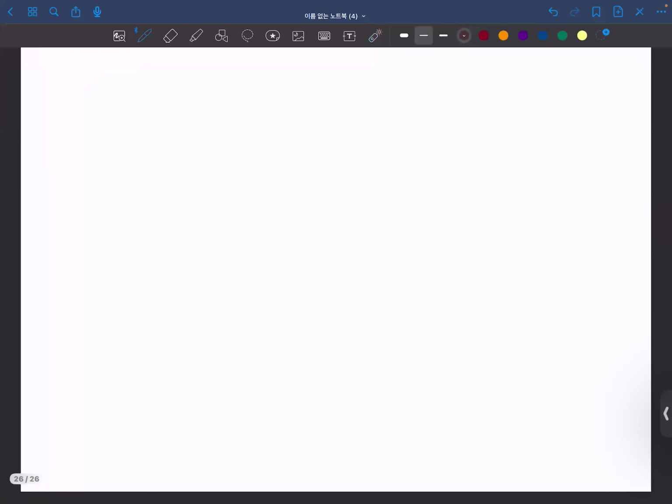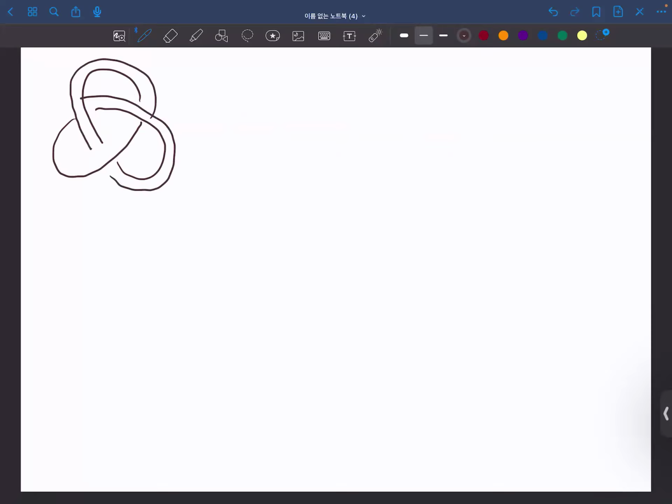Then DS2 was such a thing. When we have a knot diagram like this, we make a band with blackboard framing. Oh, sorry, let me draw again.